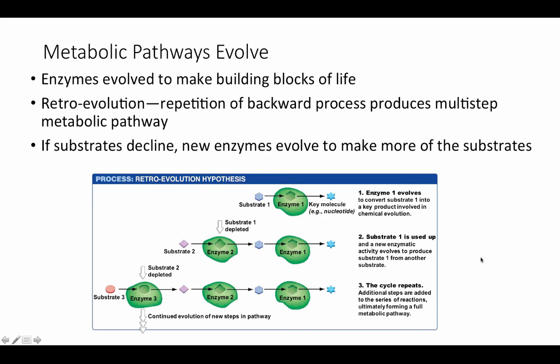Additional steps are added to the series of reactions until we end up with a metabolic pathway where there is a constant supply of the initial substrate from the environment that's going to be adequate to get as much of this product as we need. So we call this retro because it begins with sort of the end. The evolution begins with the end of the pathway and adds the next previous step in a backwards direction until we get this long, complicated, multi-step pathway.